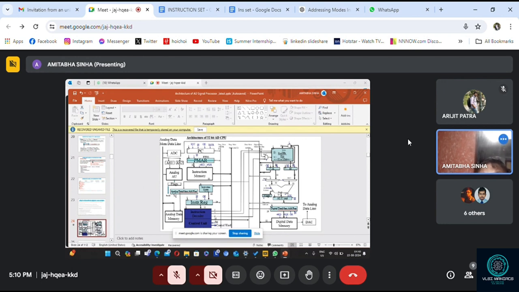What is the function of this register? To hold the address for the analog data memory. Simple. So it is digital data. Yes, the address is digital. So that is going to address this analog memory.